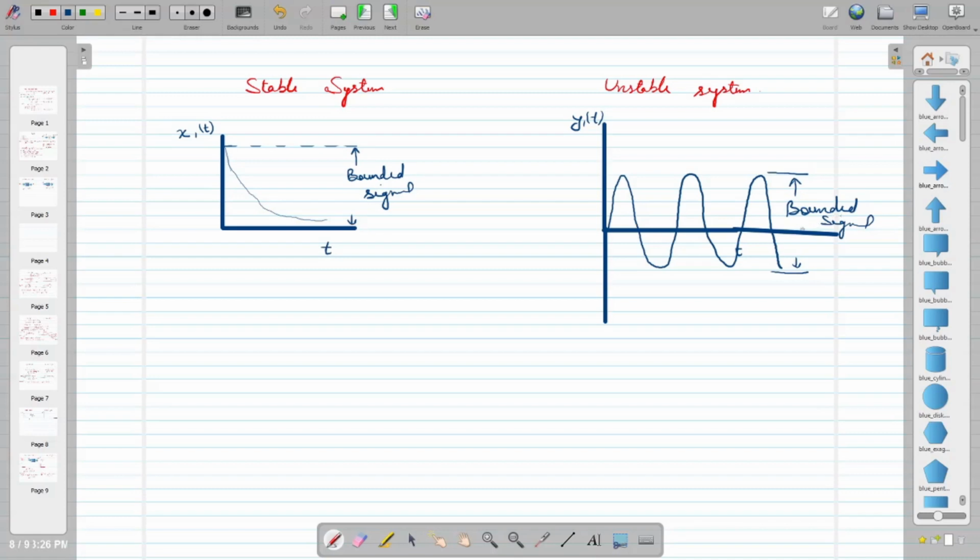In the same way, if the system has a certain input bounded by certain limits and the corresponding output is also bounded, then we can define an input signal x(t) as bounded if it satisfies the condition |x(t)| is less than or equal to Mx, the limit, for all values of time.